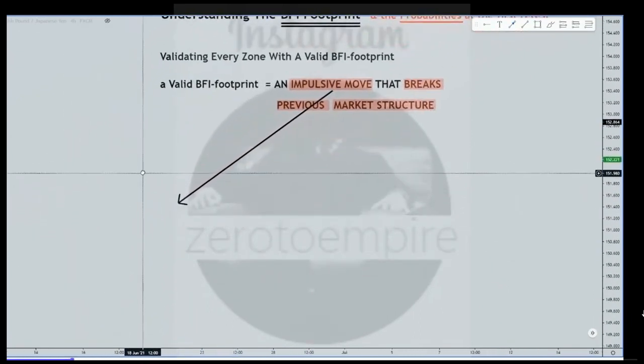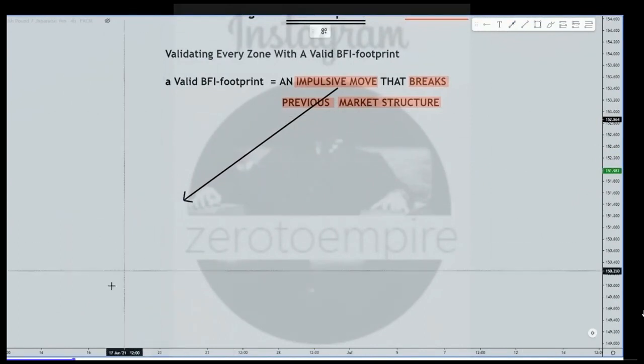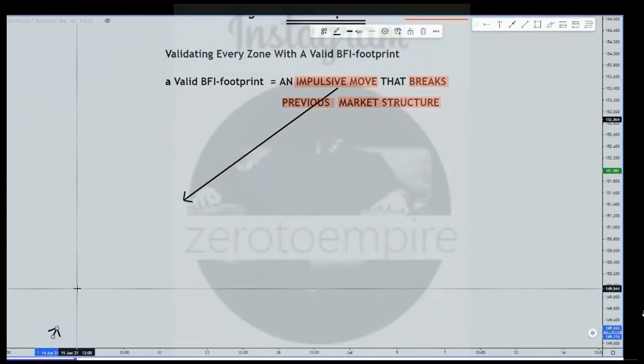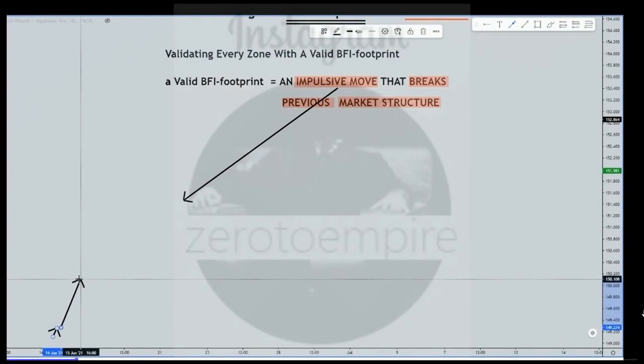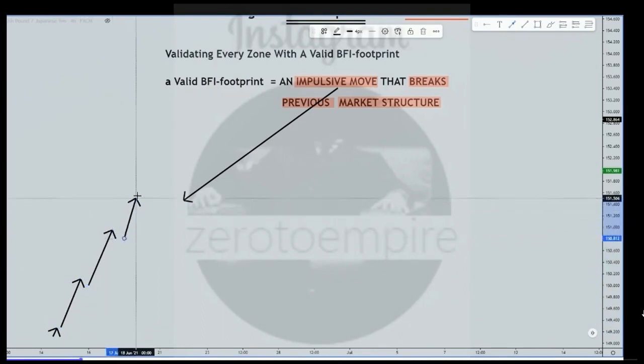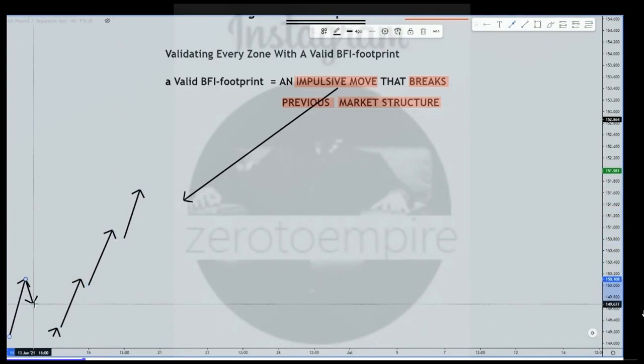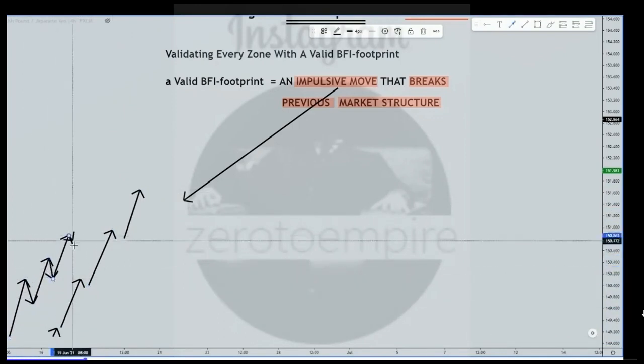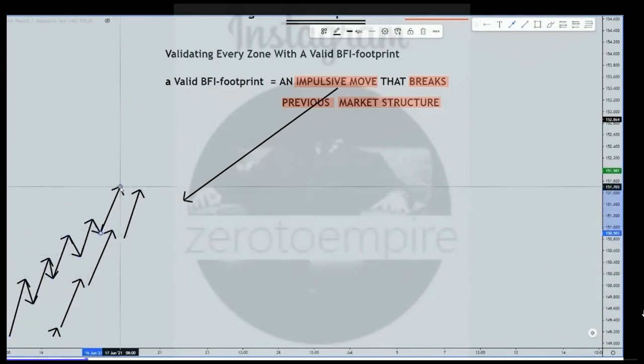Clearly, there are a lot of types of impulsive moves. It could be a very strong one. What do I mean by strong? It goes A to B in a few candles, versus maybe a move that takes 30 candles to get there.